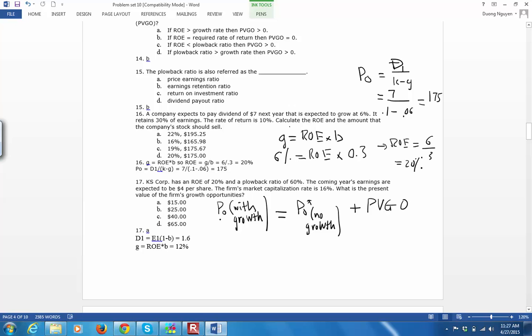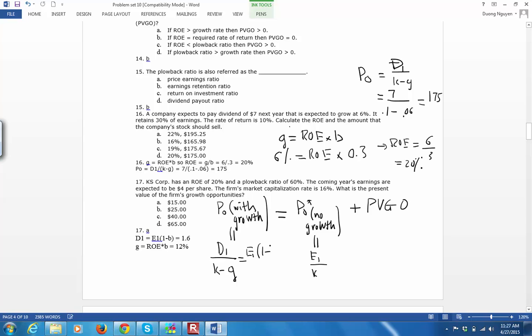So with growth, P0 over here equals D1 over K minus G. And without growth, the company should pay 100% of earnings as dividend. So this is equal to E1 over K. Using 100% earnings as dividend equals E1 over K. So D1, when you have earnings E1, plowback will go to retained earnings.